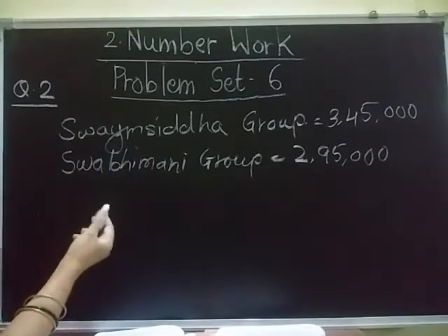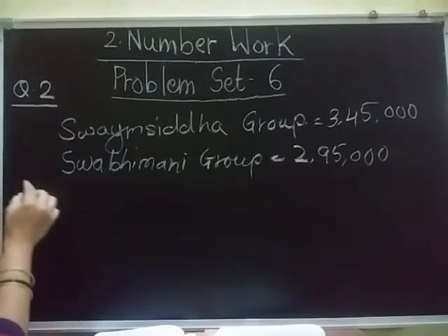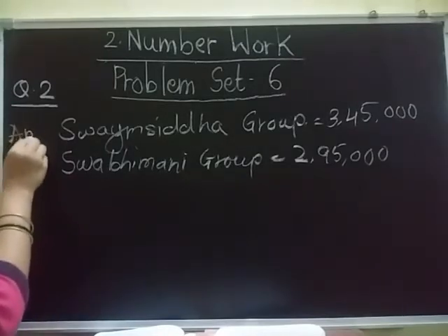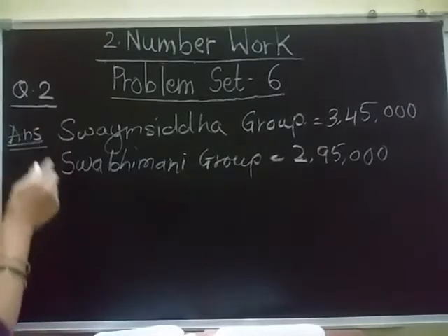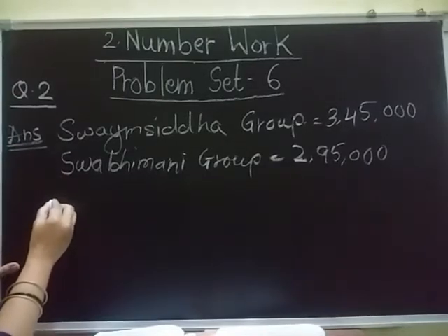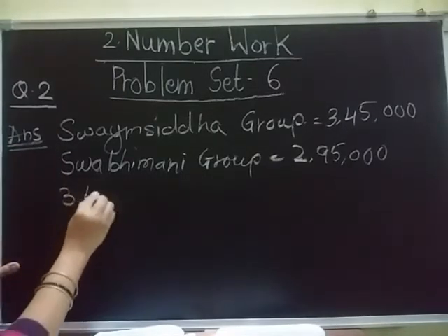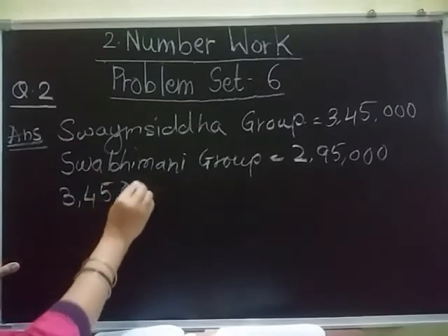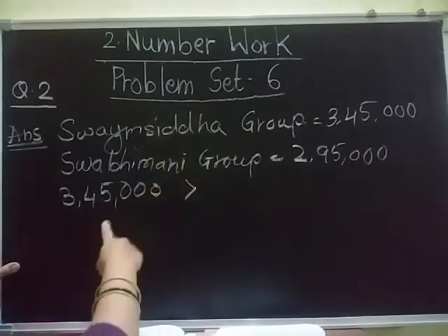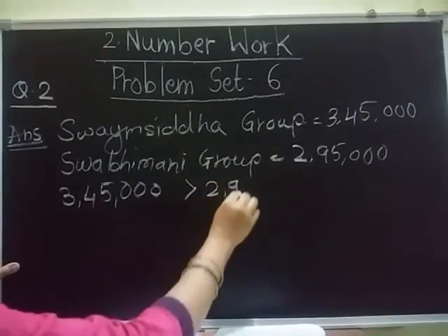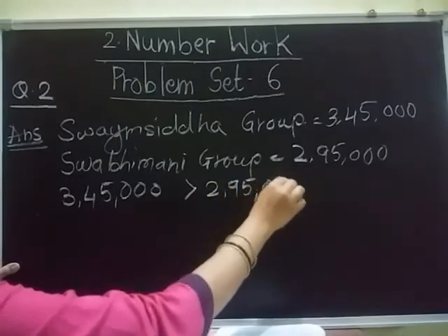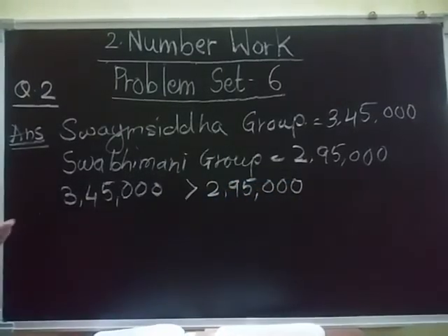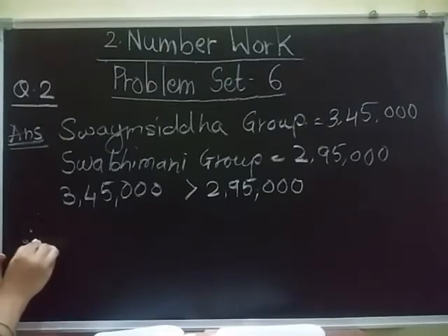Swayam Siddha. Correct? So for that purpose, I will write the answer. 3,45,000 is greater than 2,95,000.